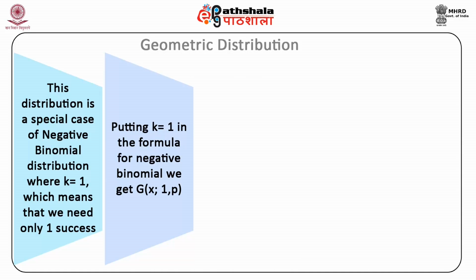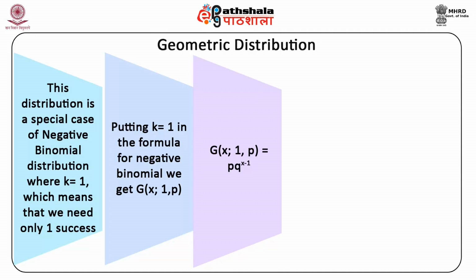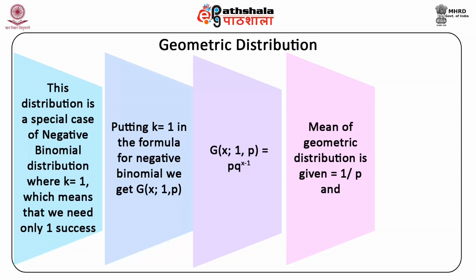Putting K equal to 1 in the formula for negative binomial, we get G as a function of X, 1 and P to represent the probability of finding the first success in X trials, which can be written as G(X, 1, P) equal to P into Q raised to power X minus 1. The mean of the geometric distribution is given as 1 upon P, and the variance is given as (1 minus P) divided by P square.